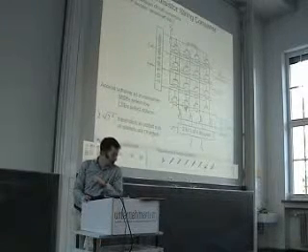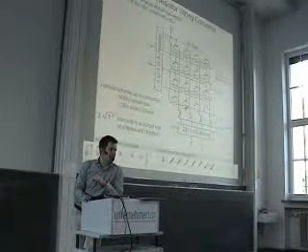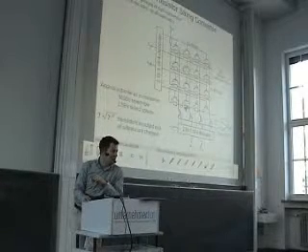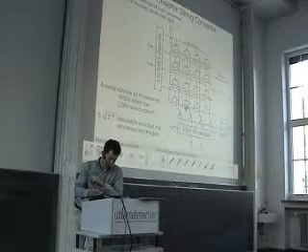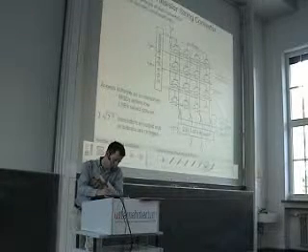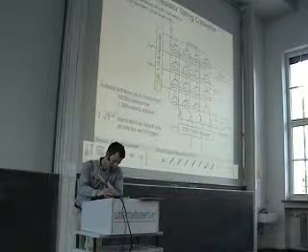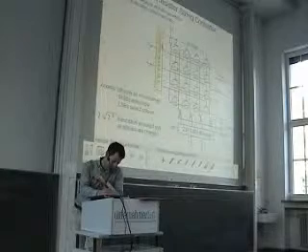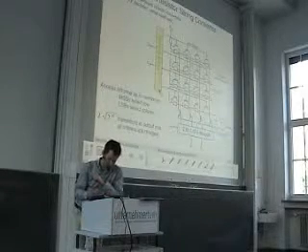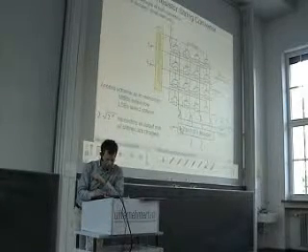But we can also use a more advanced scheme to control the switches. And if you look at the circuit, you can see now we have two decoders. We have a so-called row decoder, and we have a column decoder.